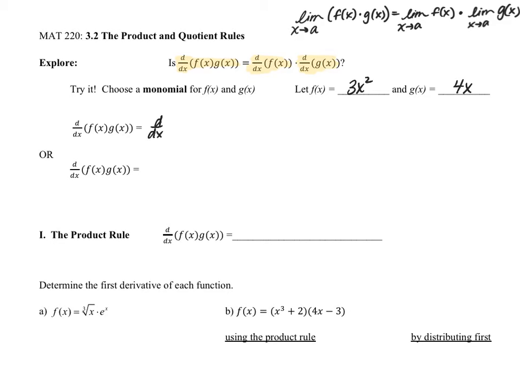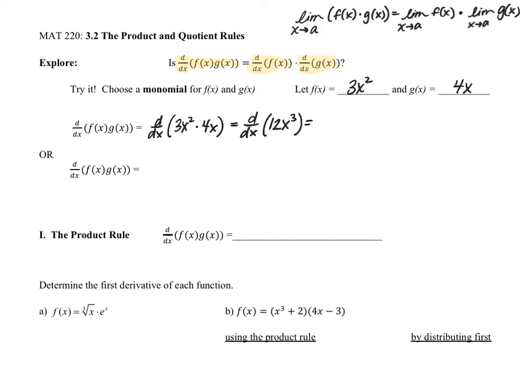So the derivative of f times g, if we go ahead and input 3x squared for f of x and 4x for g of x, that would mean we would multiply 3x squared times 4x, which will be 12x cubed. And we know how to find the derivative of 12x cubed because we have already learned a few of our shortcuts.